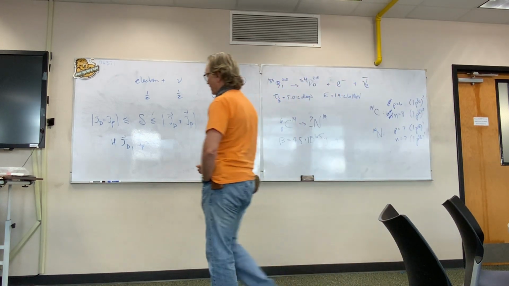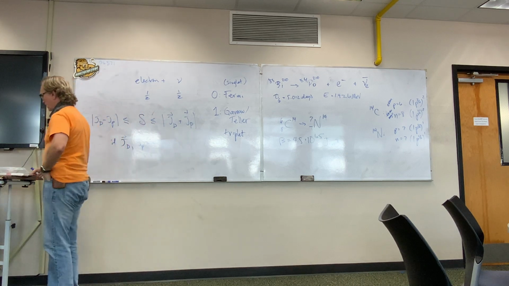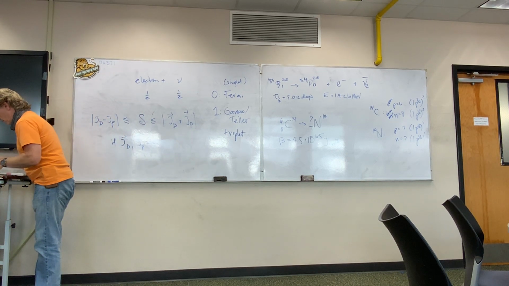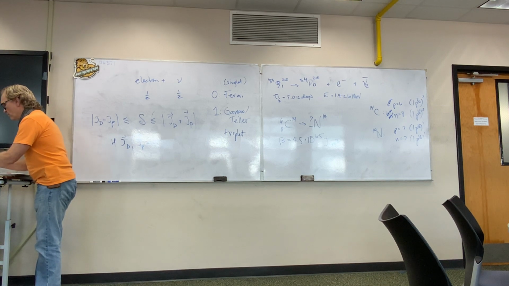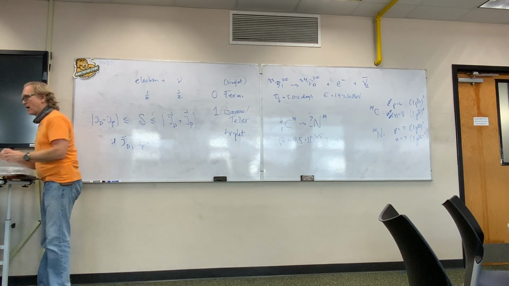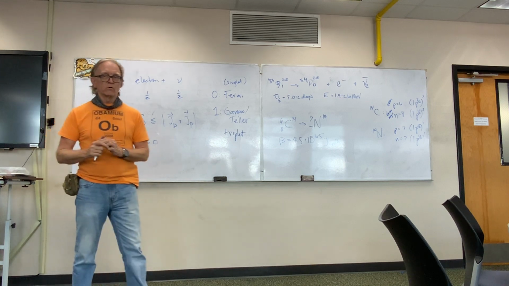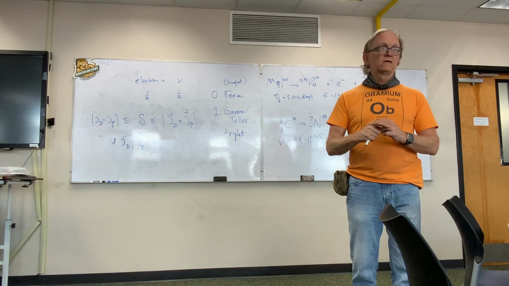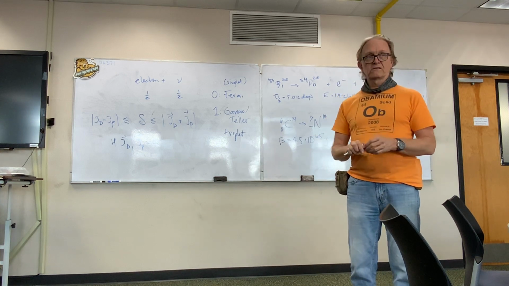And there are a set of what are called allowed decays. I'm going to say more about this in a later example. But there are allowed and forbidden decays. And one thing to learn about physics is that things that are allowed are very, very likely. Things that are forbidden are just not as likely.